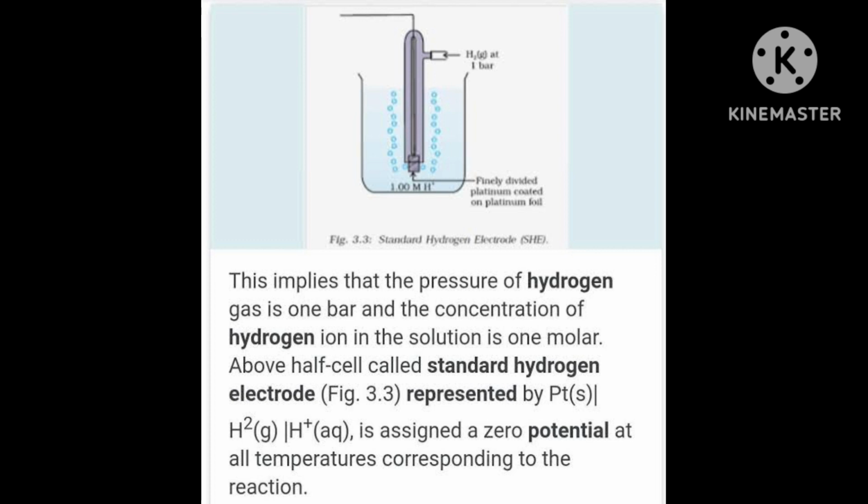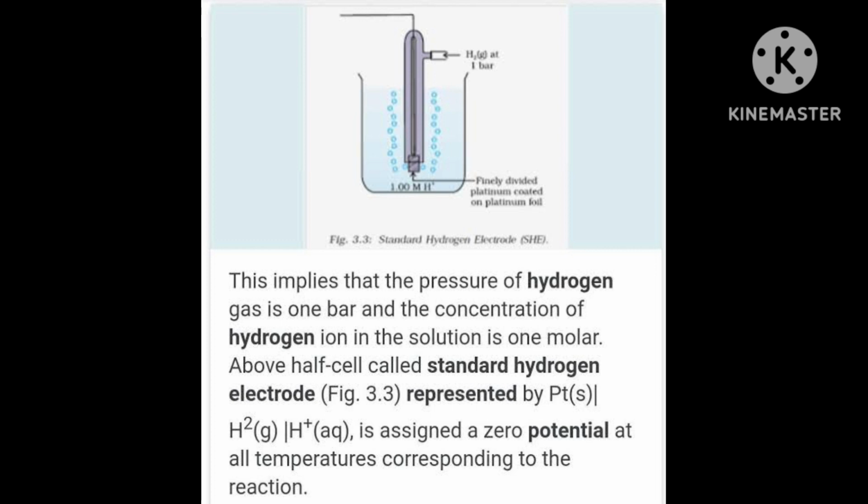Then this hydrogen gas will pass, and the pressure should be 1 bar. Hydrogen gas pressure should be 1 bar, meaning atmospheric pressure. This is the condition, because it is a standard hydrogen electrode you are making.